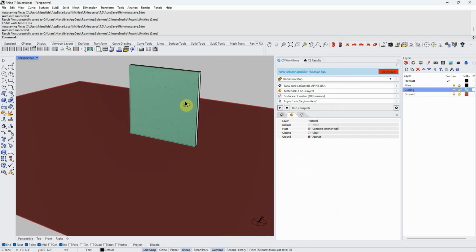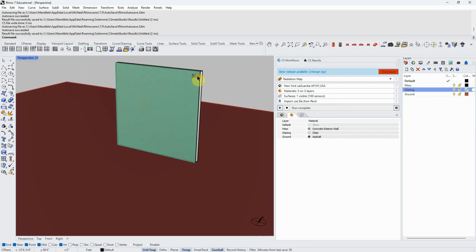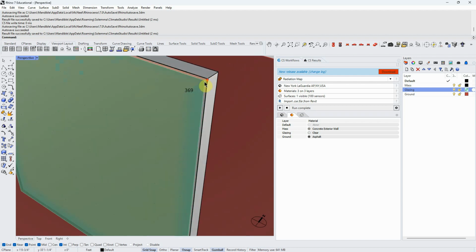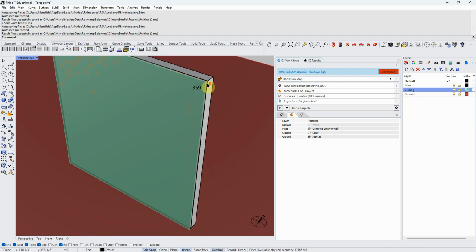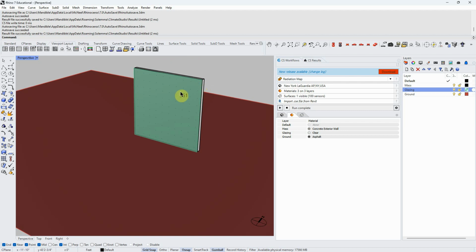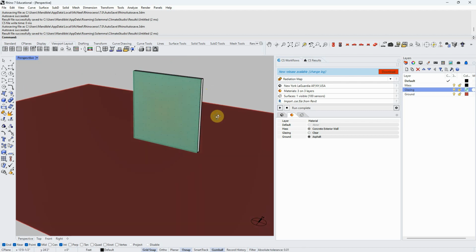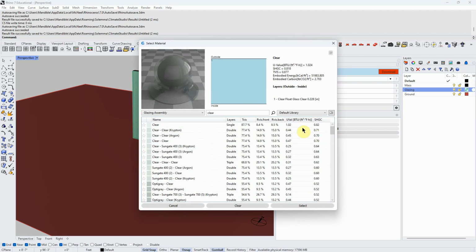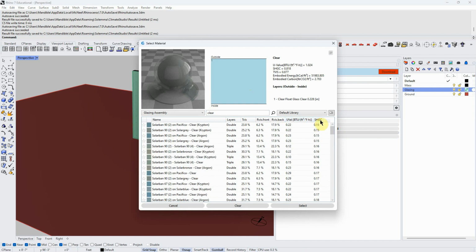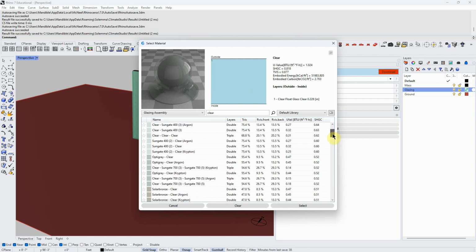The problem with that is that we're going to get a little hot box thing going on here, with the air really heating up behind this glass. But as soon as the sun goes down, or if it's cold outside, it's going to be less effective, because it doesn't have any resistance to heat flow. So let's try a different piece of glass. I'm going to look for something that has a high solar heat gain coefficient but a low U value.